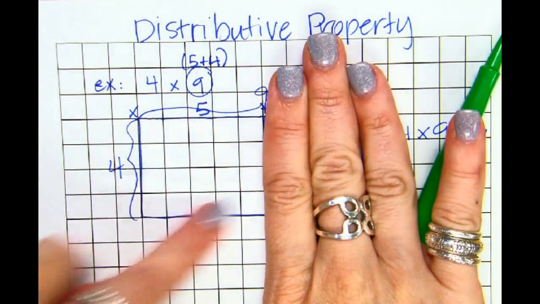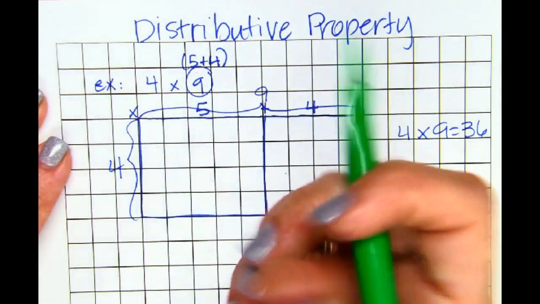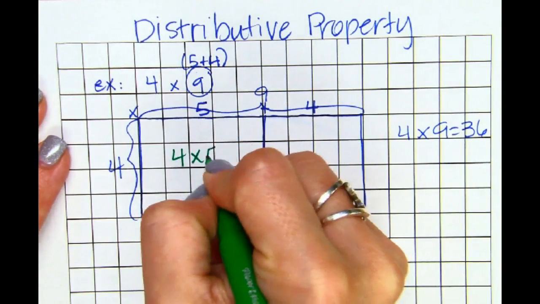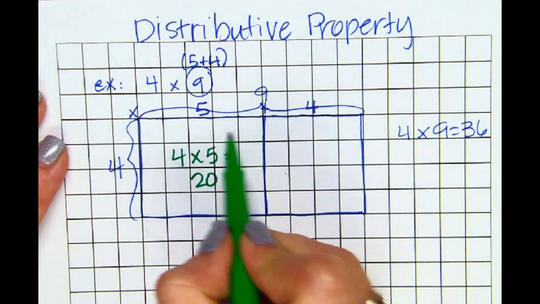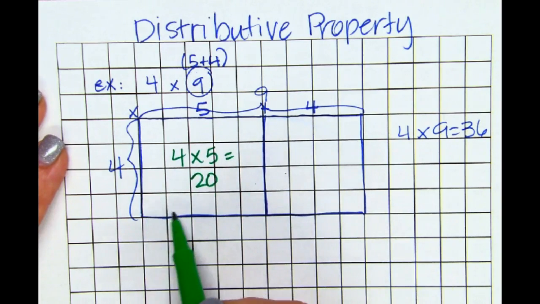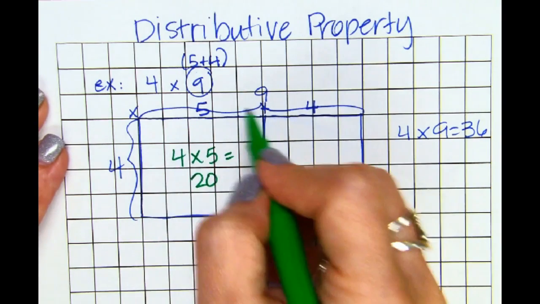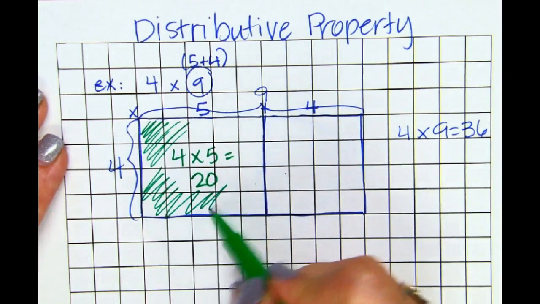If we have this part of the rectangle showing, we have 4 groups of 5. So 4 times 5 equals 20, correct? If we count 1, 2, 3, up to 20, that's 20.